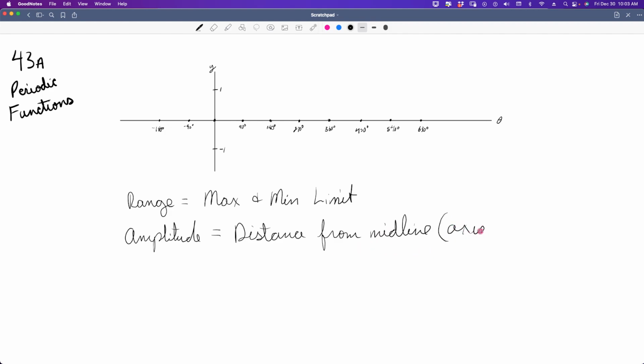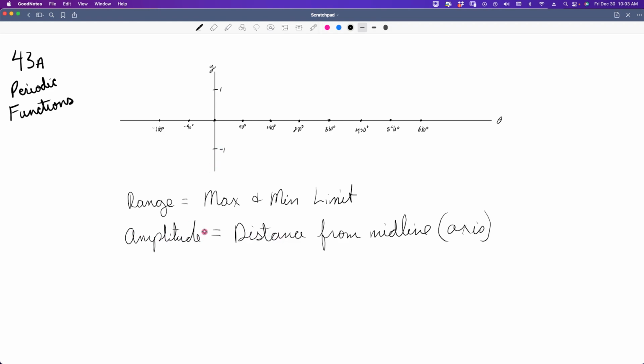In this case, we're using the axis as our midline, but you could position it anywhere you wanted to on the graph. We're just going to use our axis here to be our midline, just because it's easier to see where the midline is when we use the axis. All right, so the range is the max and min, and the amplitude is the distance.